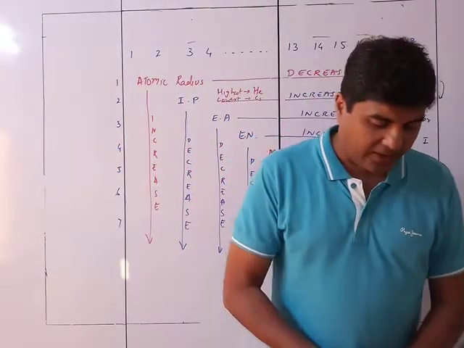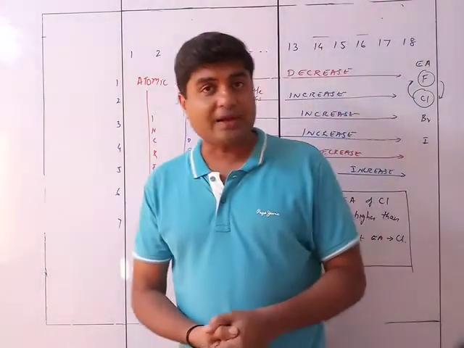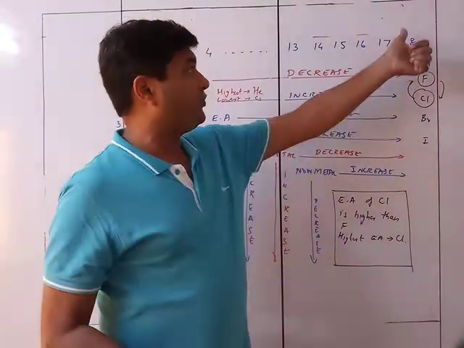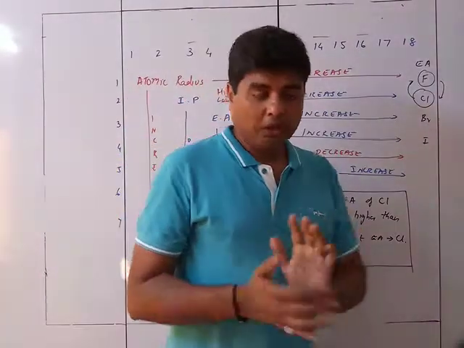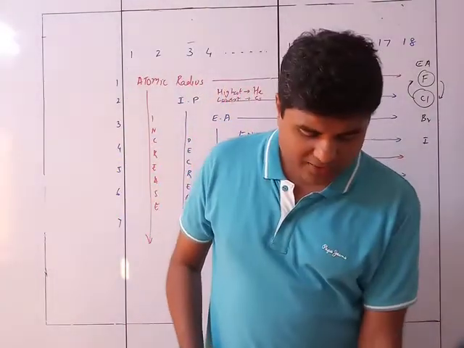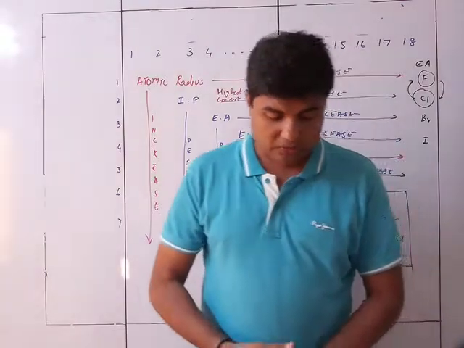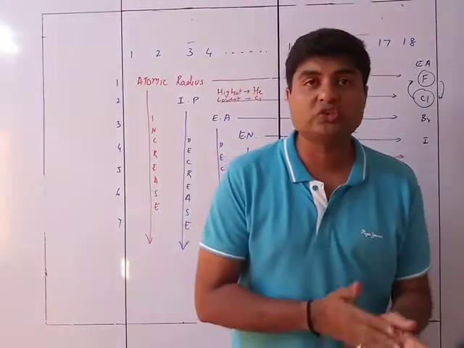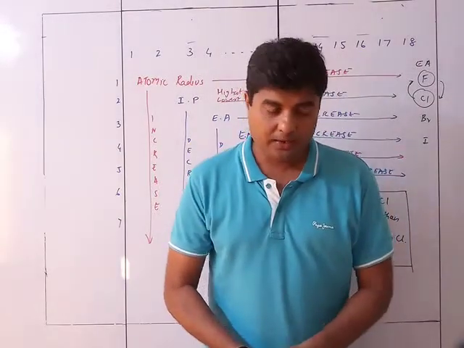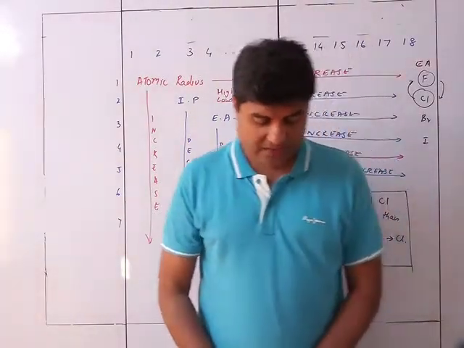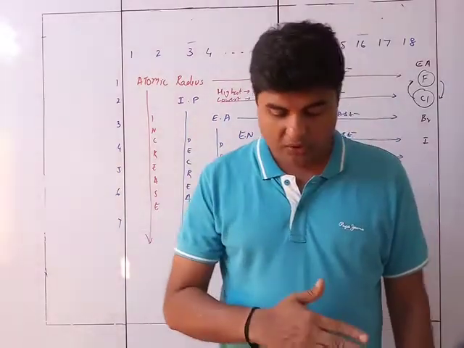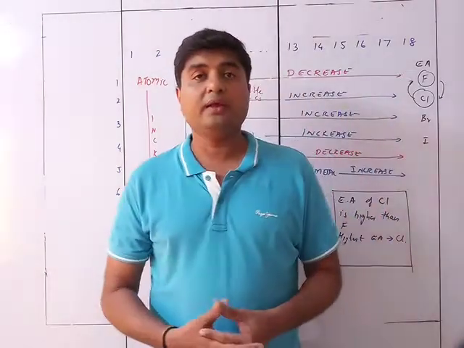Noble gases have a complete octet, so they do not attract the electrons to themselves, hence the electronegativity of these will again be 0. It's quite easily given in the textbook also, but you need to remember these things because they are important questions which are normally asked in boards or in any kind of examination. So we need to know which is the highest and which is the lowest in all these trends.